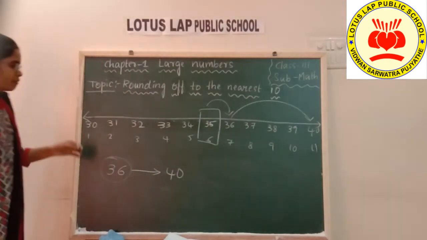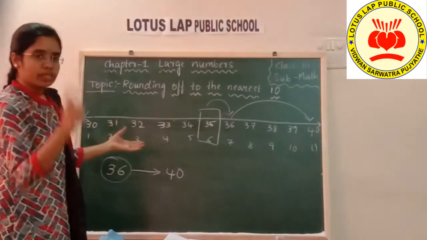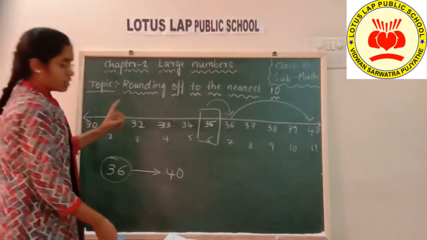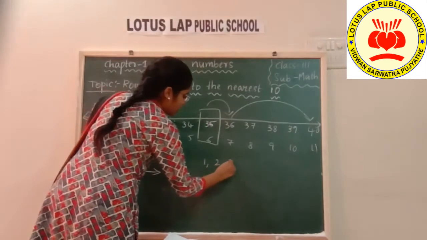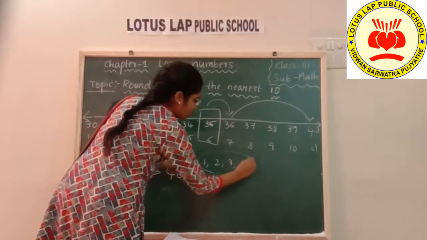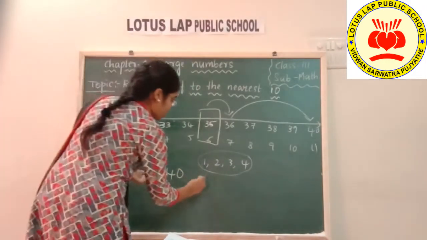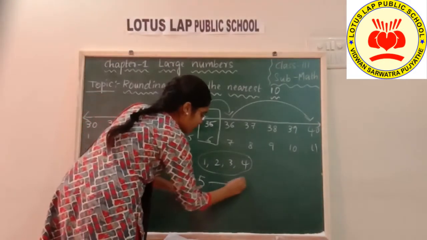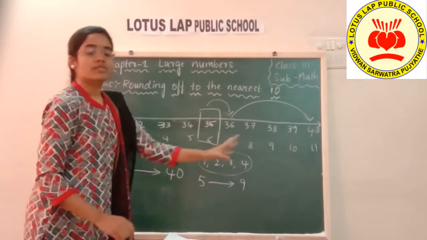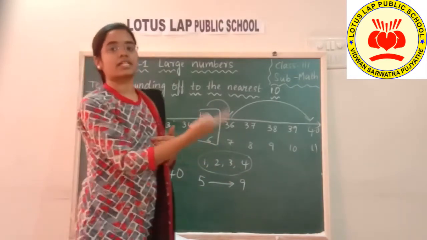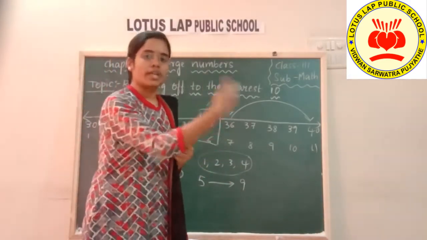For every question you can't draw the number line. The thing you need to keep in your mind is the numbers 1, 2, 3, 4. For these values, you need to take the before tens value, and including 5 and after values till 9, that is 5 to 9, for those values you need to take the next tens value, children. You need to round it off to the next tens value.